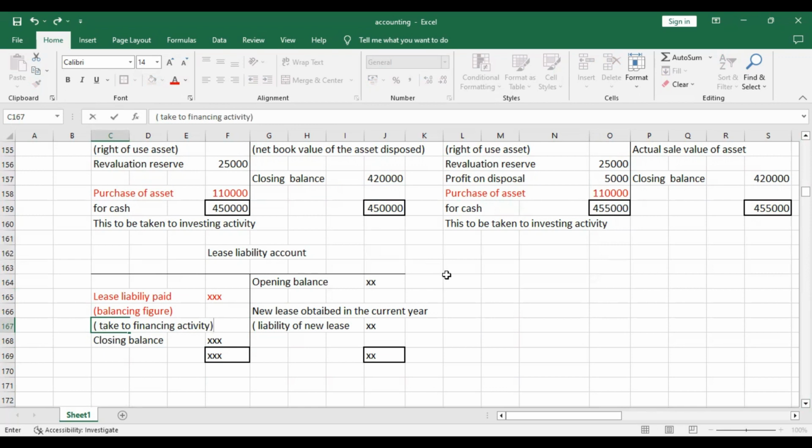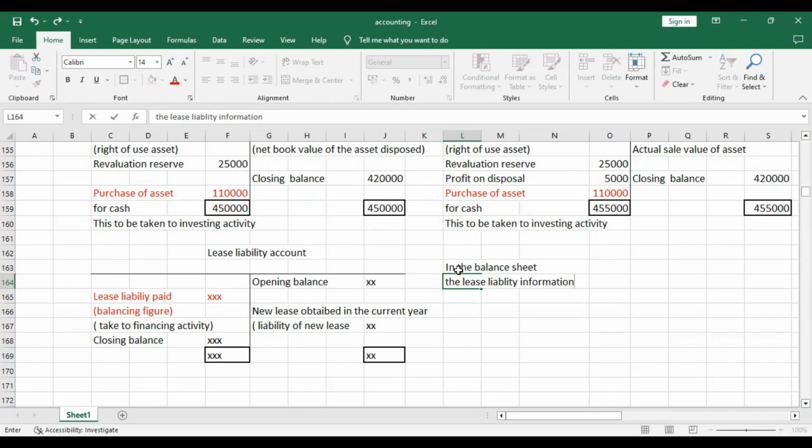Very clear? Let me take some numerical examples so that you will understand very clearly. Suppose in the balance sheet, the lease liability information.